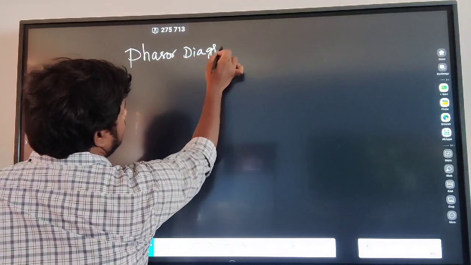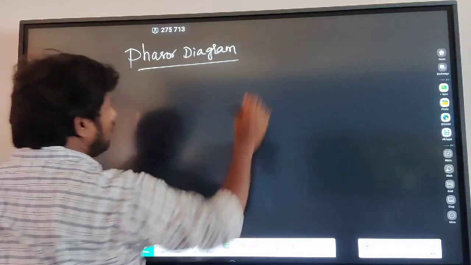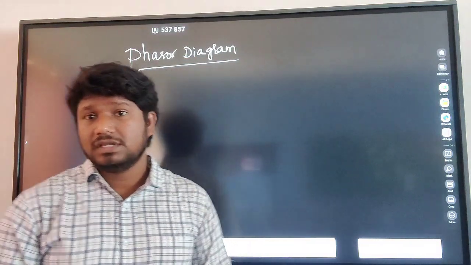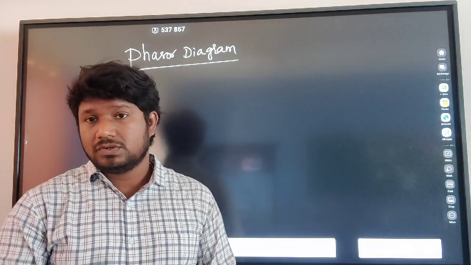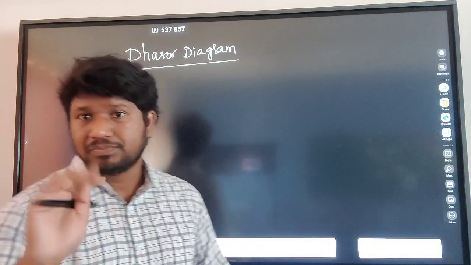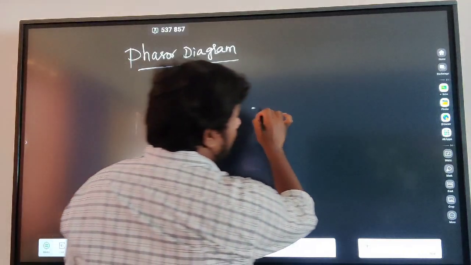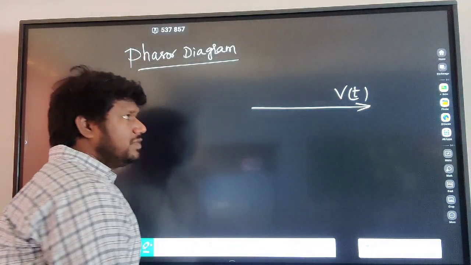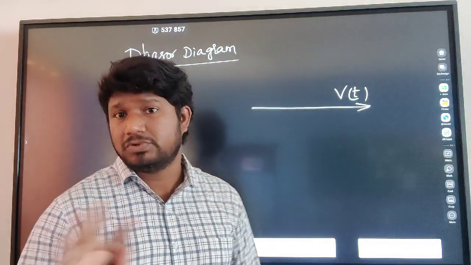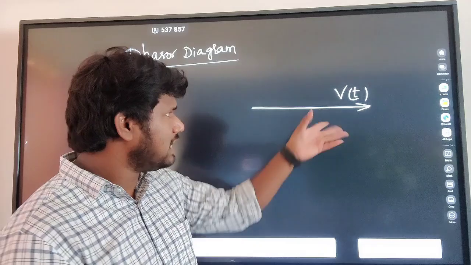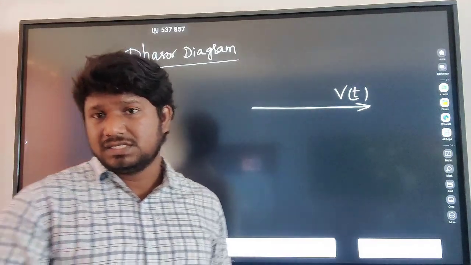Okay. Now I want to plot the phasor diagram. Phasor diagram for an AC circuit with inductance. How we are going to do it, we will see with the help of the mathematical equation only. First, I am taking the voltage as reference: v of t, otherwise the input supply VAC, equals Vm sin omega t. I am plotting the vector form first, then the phasor form.